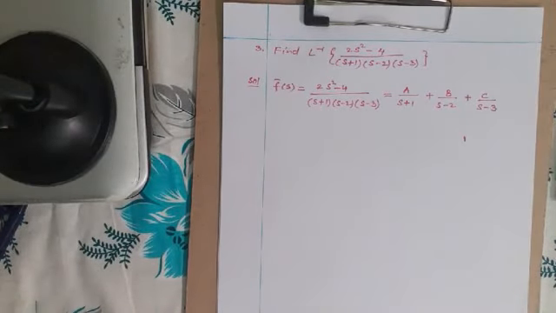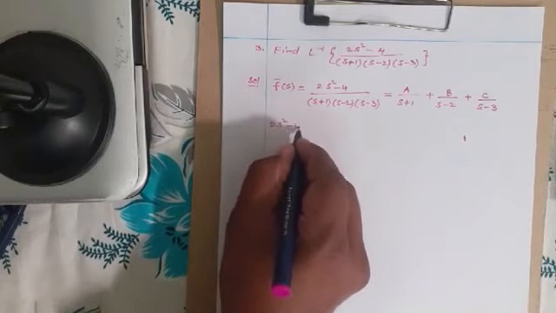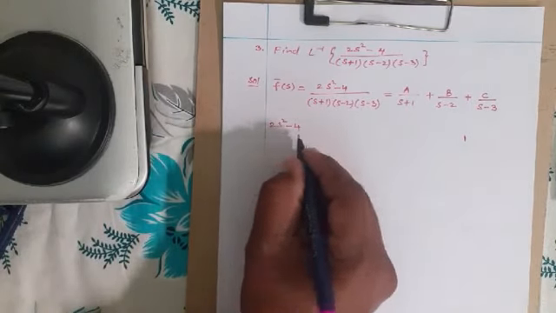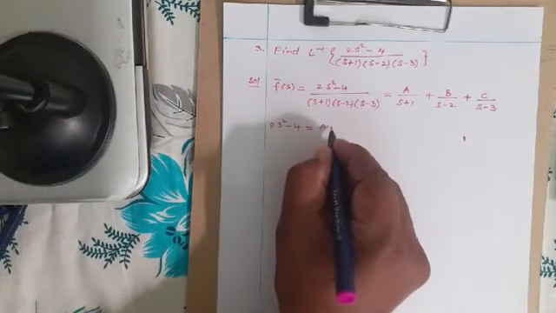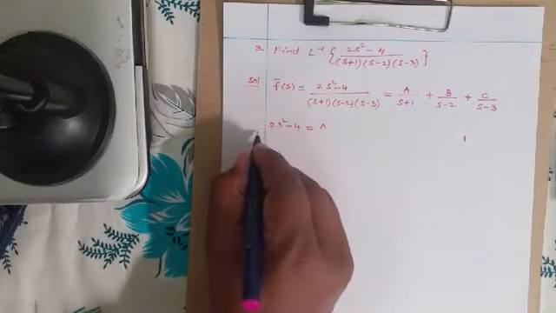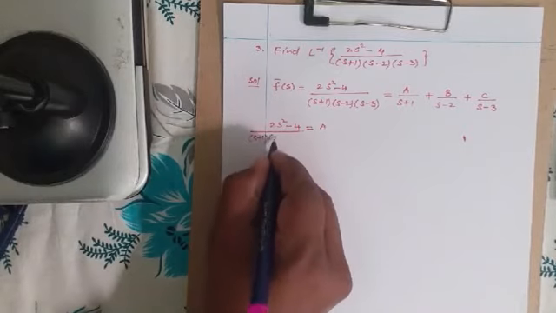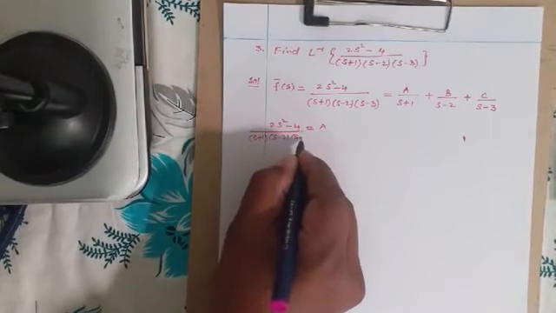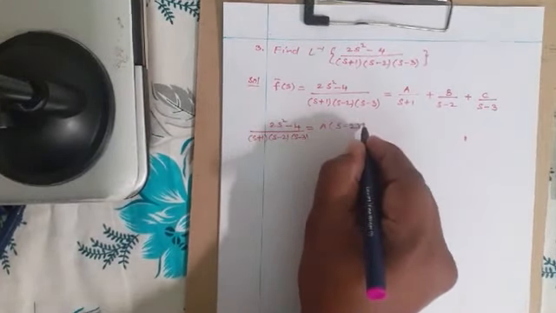Okay, so after writing this, now we find capital A, capital B and capital C. As we are all aware of how to find this, 2s square minus 4 is equal to, for your convenience I'll write first this step: s plus 1 into s minus 2 into s minus 3 is equal to A of s minus 2 into s minus 3.